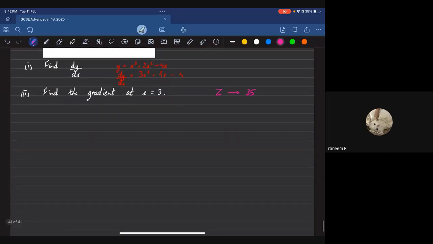All right, let's see. What's the answer? The bonus mark depends on it. So I'm just going to put x is equal to 3 over here.